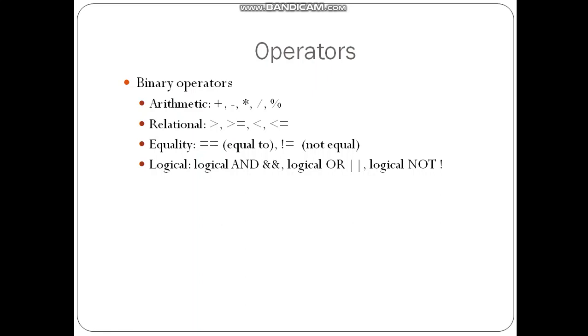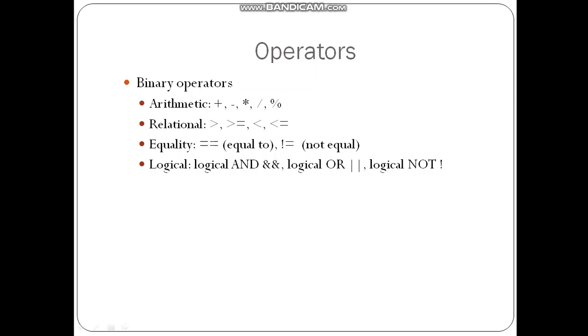Suppose I want to find the remainder when I divide 5 by 2. Then I use the modulo symbol, 5 modulo 2, and the answer will be 1 because the remainder is 1.